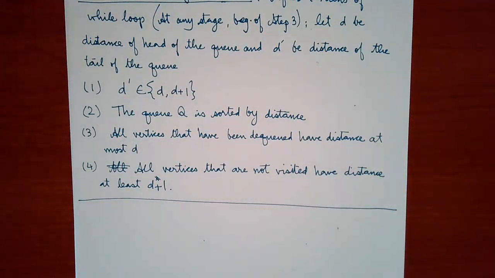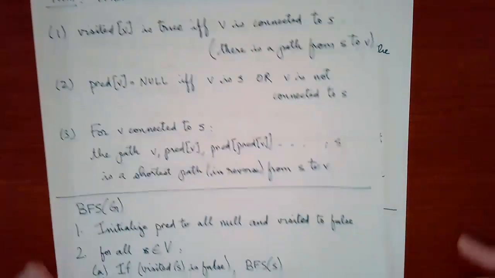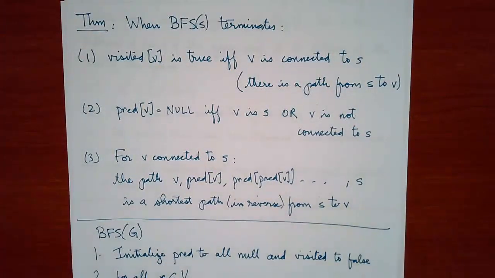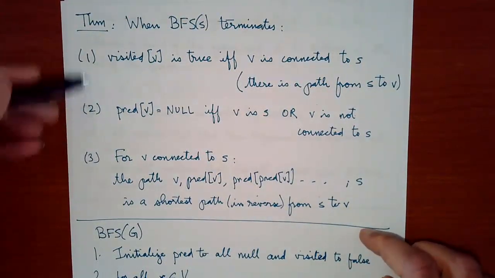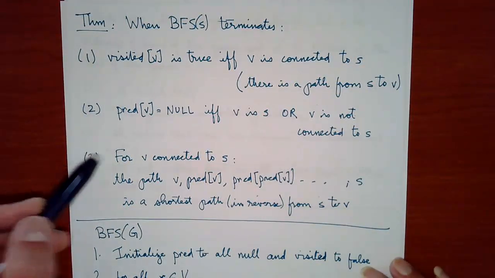Okay, so now what I want to do is, we don't have much time left. Actually, we have all of 5 minutes left, which is not exactly the best time to be doing this, but nonetheless, I will do it. Let's talk about what happens when BFS terminates. We want to prove, I'm not going to prove 1 and 2. It's fairly straightforward, but it will follow from 3.